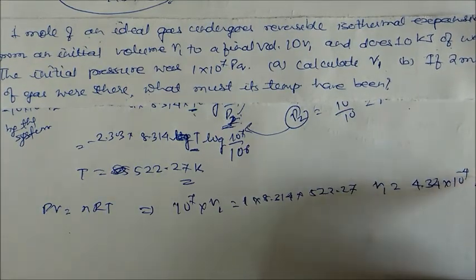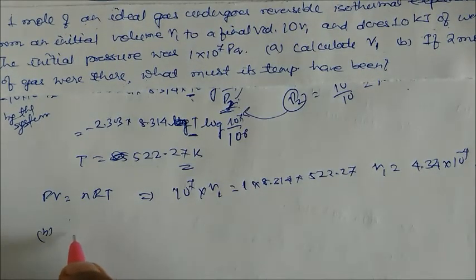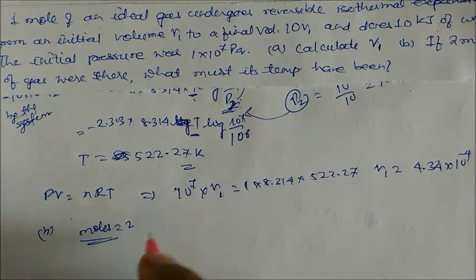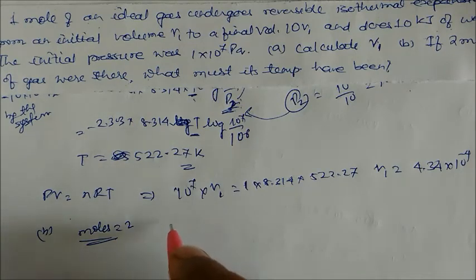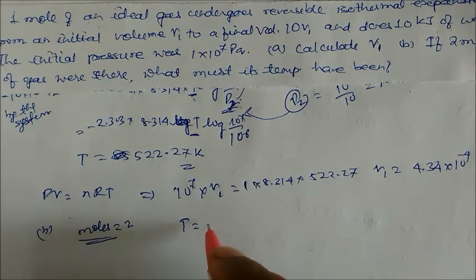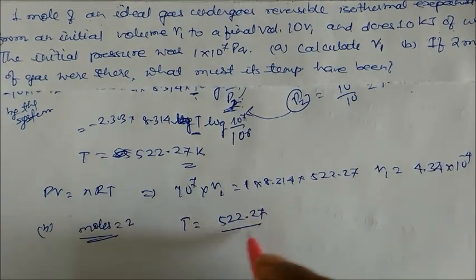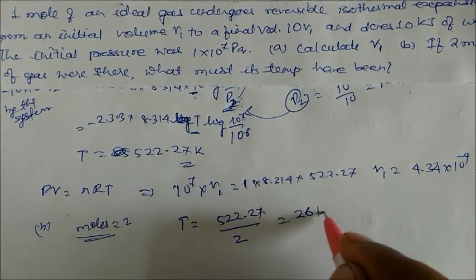Now the second question was given: if the gas is 2 moles, in that case what will be the temperature? Temperature initially was 522.27, so you just divide by 2, and it becomes 261.13 Kelvin.